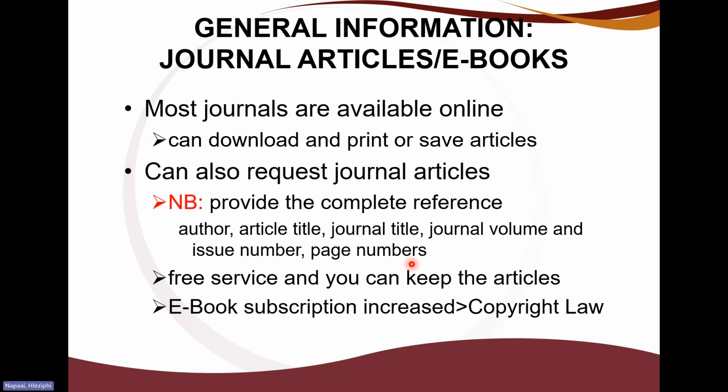You can download 50 articles at a go, whether PDFs or HTML, but I think most of you will go for a PDF because it's an actual article with page numbers from 1 to whatever page, and then when you do your in-text citation, you'll be able to use those page numbers. If you find an HTML version, just try to find out if you can't find the actual PDF.